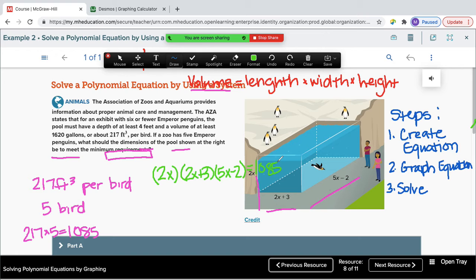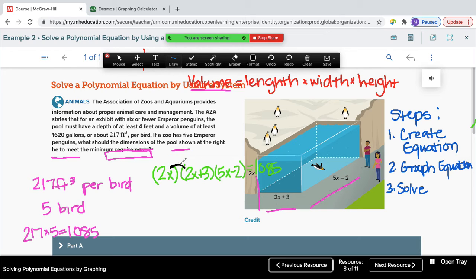Now, I could put this into decimals just like this, but most of the time they like to see this all multiplied out. So if we were to multiply this, we would distribute this first multiplication, right?